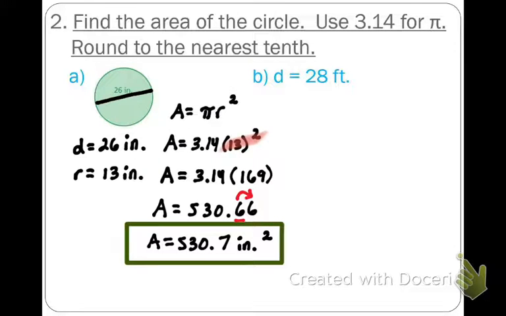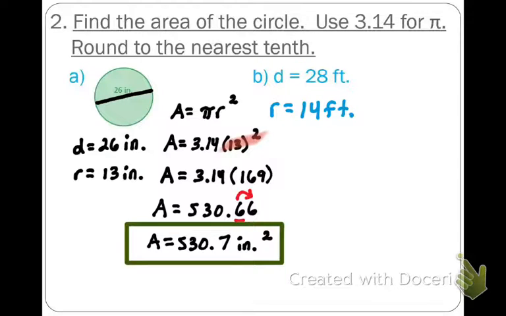All right, I want you and your partner to try to do the next one together. Remember the very first thing you want to do is identify what the diameter and the radius is. Guys, what did you decide the radius was? 14 feet, because you have to divide it by 2.